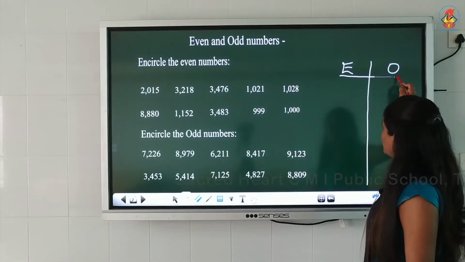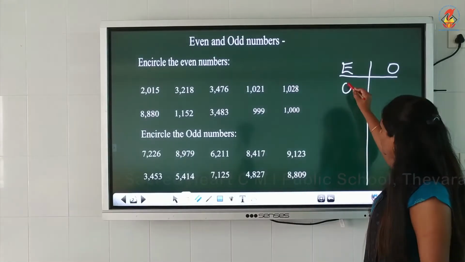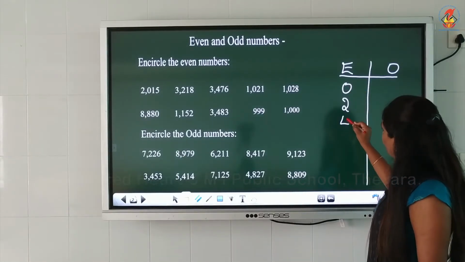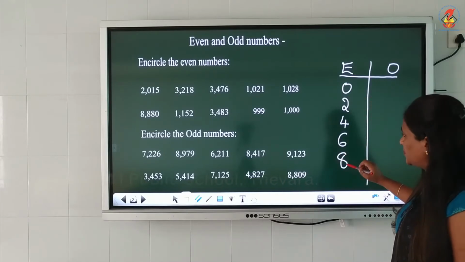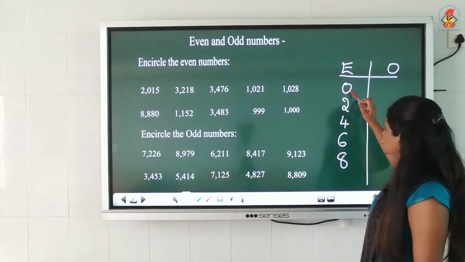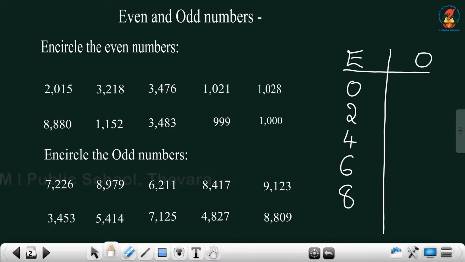Even numbers are numbers that end with 0, 2, 4, 6, 8. Odd numbers are numbers that end with 1, 3, 5, 7, 9. So let's see which are even numbers and which are odd numbers.